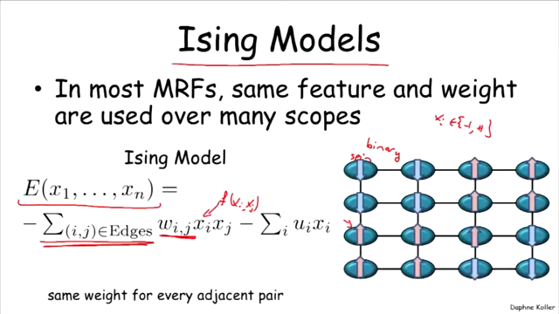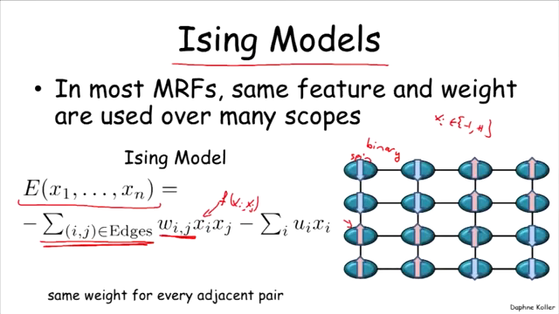And just as a reminder, xi are all either -1 or +1. So the product is always either -1 or +1: -1 if the two have different spin, and +1 if they have the same spin. Now, this doesn't have any shared parameters because we have a separate parameter wij for every pair of atoms i and j. But clearly, we're not going to have, in general, a separate model for every number of atoms in the material that we're trying to model.